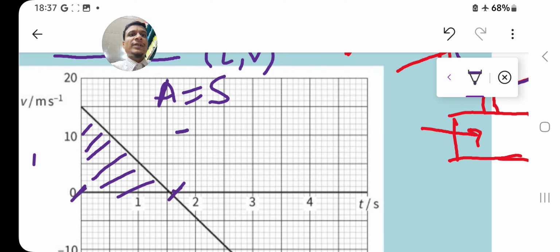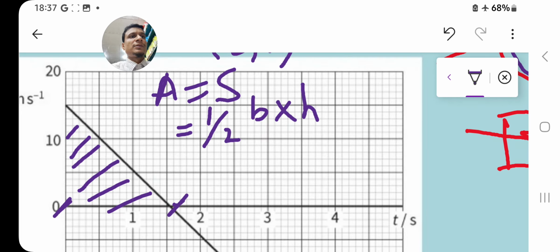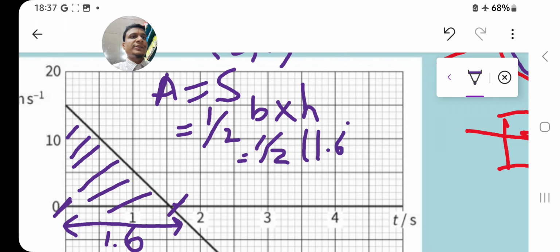We know that the area of a triangle is half base times height. The base is 1.6, multiplied by the height of the triangle, which is 15.